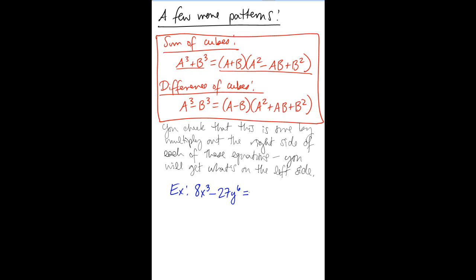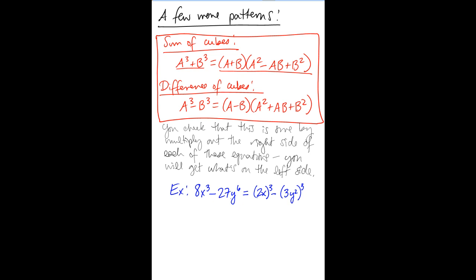Well, 8x cubed is really 2x, the whole thing cubed, minus 27y to the 6th. Well, 27 can be rewritten as 3 cubed, and y to the 6th can be rewritten as y squared cubed. Right? 3 cubed is 27. Y squared cubed is y to the 6th.